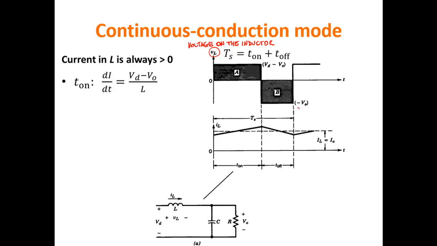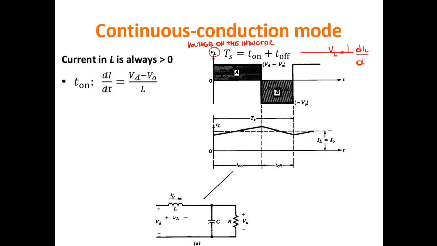Okay? Now, you need to remember the basic operation of an inductor. The basic operation of an inductor is that the voltage on the inductor is equal to L times the derivative of the current in the inductor.